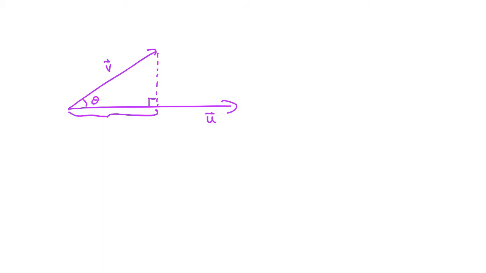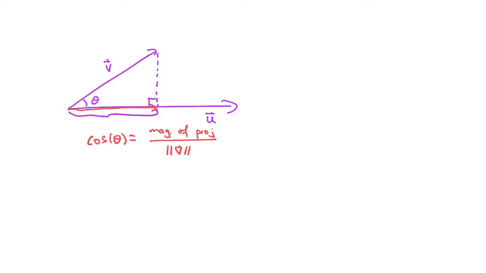If the angle between the vector u and the vector v is theta, then the magnitude of our projection comes from the cosine of theta, which is the adjacent side, the magnitude of the projection, divided by the magnitude of our vector v.